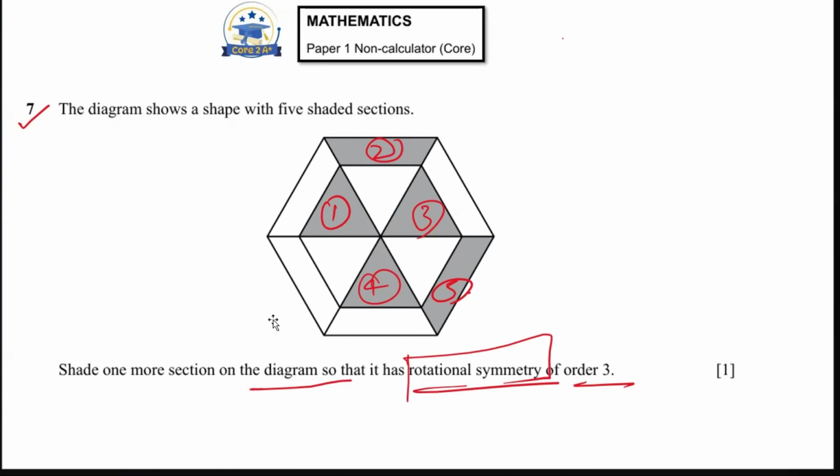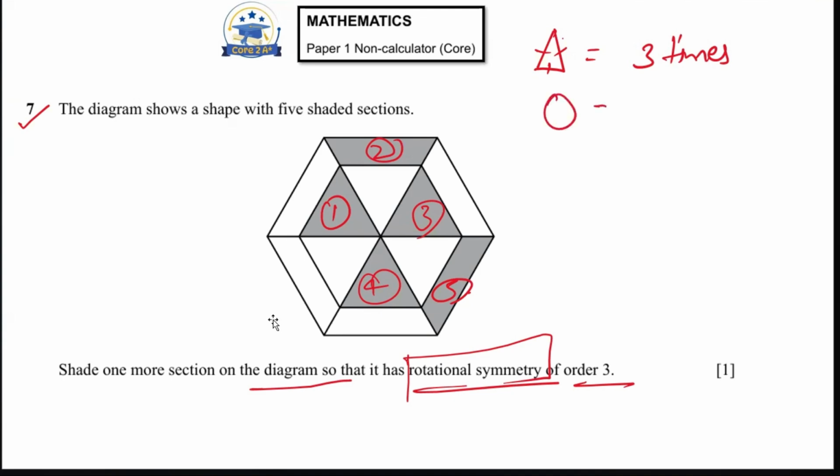Suppose you have an equilateral triangle, meaning all sides are equal to each other. How many times can we rotate it to get the exact same triangle? 3 times. So this is called order 3, for an equilateral triangle.